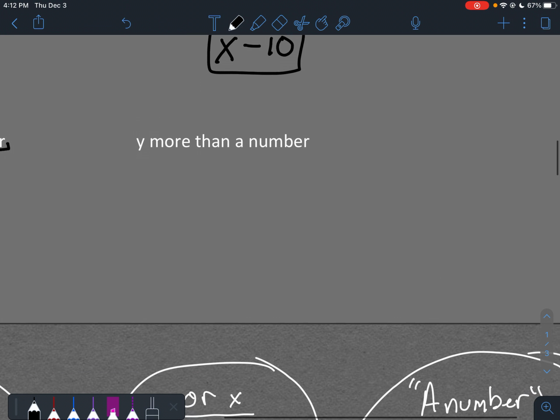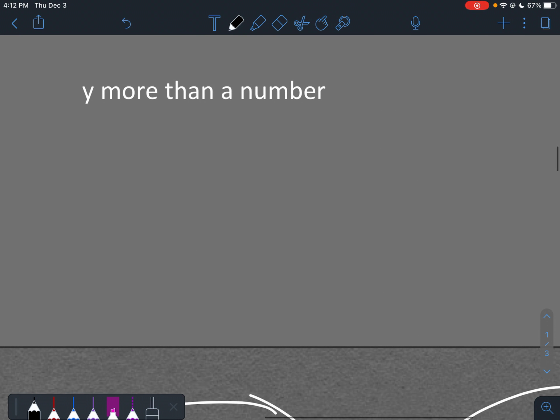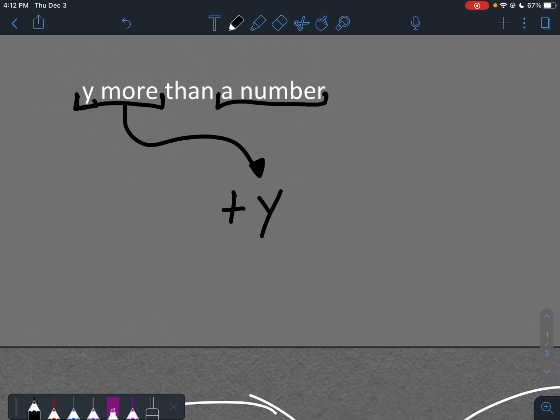And over here, Y more than a number. Now here we have Y is going to be where we're starting. So Y more, I know that I'm going to be adding Y, and now my number, probably going to want to use something different. So let's use A, for instance.